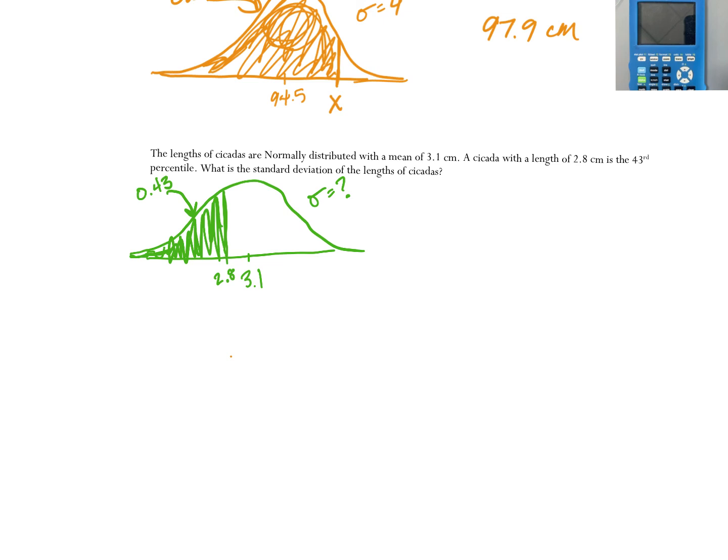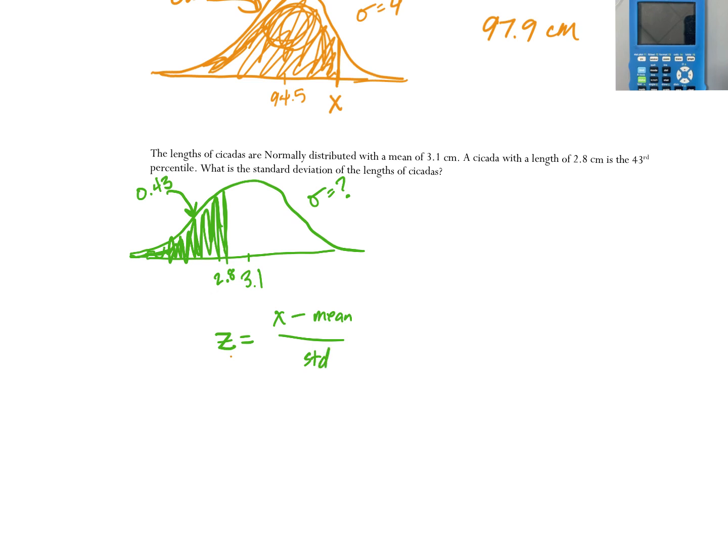Now, we do have a formula that relates data points to the mean and the standard deviation. It is that z-score formula. The z-score formula looks like this: z equals x minus the mean, divided by the standard deviation.